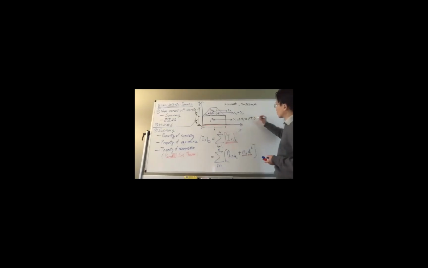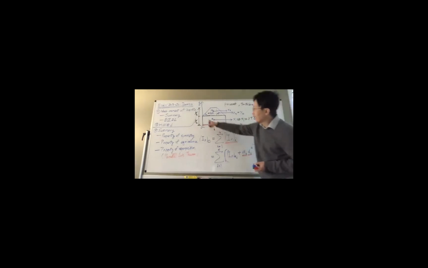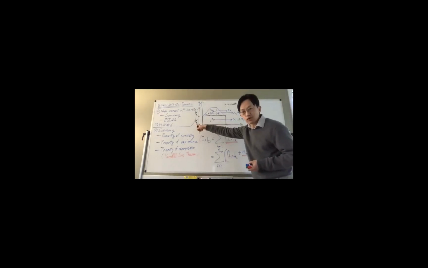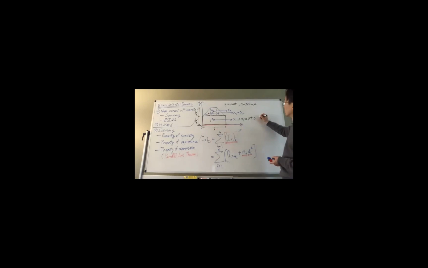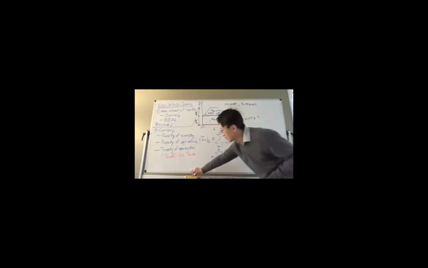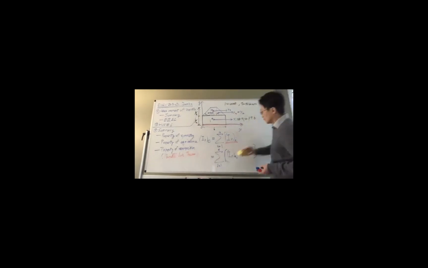Would it be rho times T times B squared over 2? B is correct, but B is only the length, right? And the height is not B. Height is h over 2. So it should be B times h over 2. Oh, that's an H, I'm sorry.